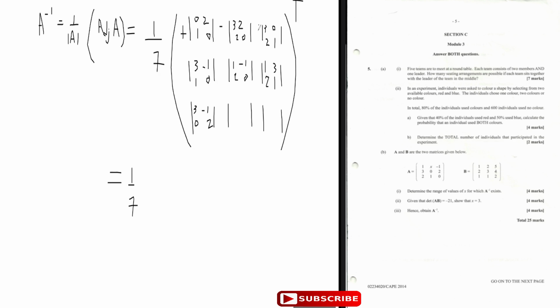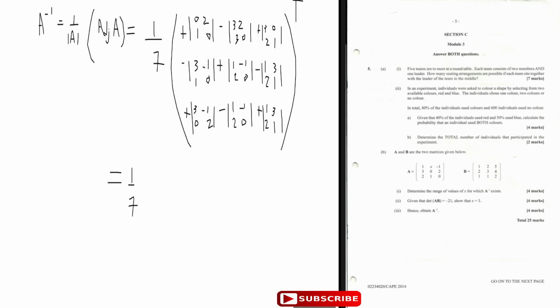This is plus, minus, plus, minus, plus, minus, plus. So right here is going to be crossing out the minus now, crossing out 1. It's going to be 1, minus 1, 2, 0. Then finally here, it's going to be 1, x is 3, 2, 1.